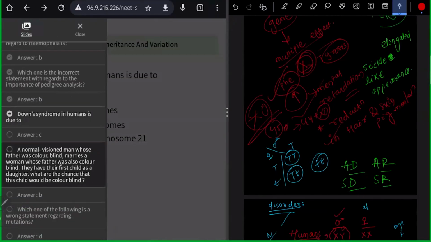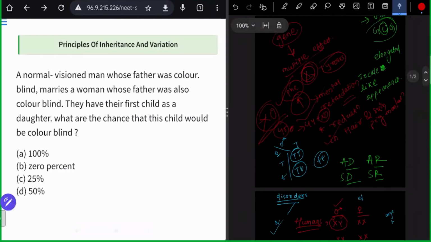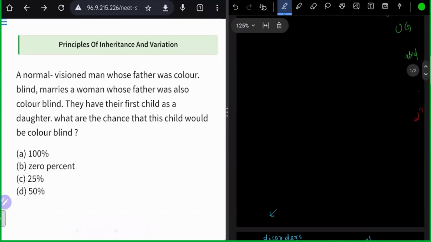Next, a normal vision man whose father is colorblind. Here you can see the father was colorblind, meaning X^c Y. The normal vision man will inherit the Y from his father, so he is XY. He marries a woman whose father was also colorblind.